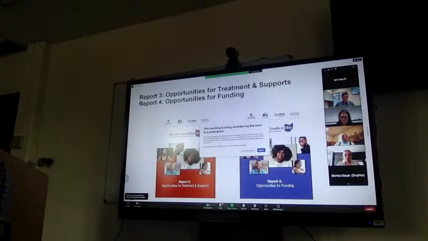And so that'll be coming out in report 3. And report 4 is looking at how funding is distributed through the state and really what opportunities there are in these areas for funding and how we could strengthen this and make recommendations.